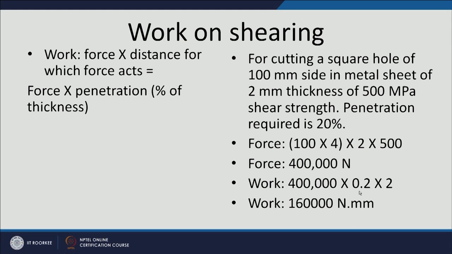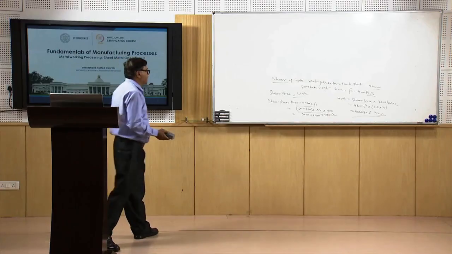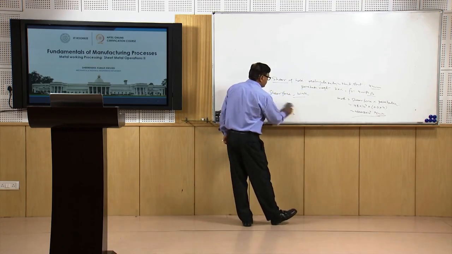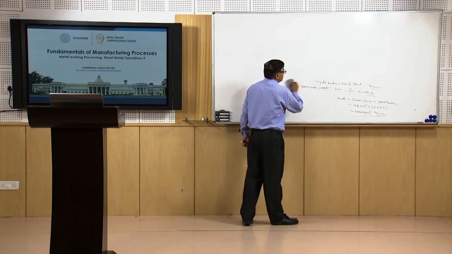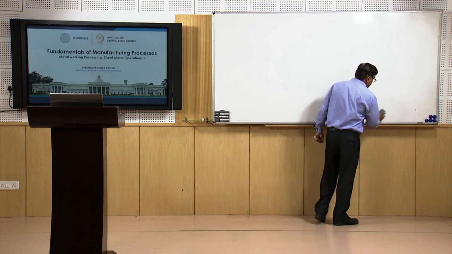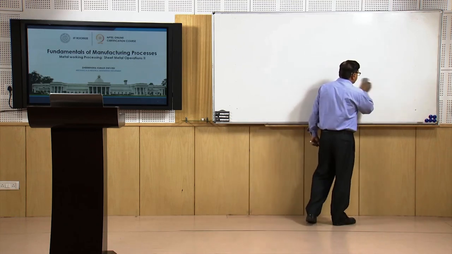This is how we can calculate the force required for the work required for the shearing purpose. Now, what are the different operations which are used through the shearing mechanism, so that some useful shapes and geometries can be generated? That is what we will be seeing through some of the shearing operations.